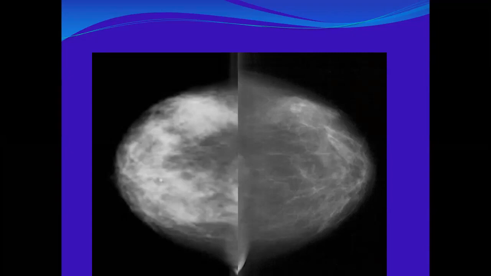What is your differential diagnosis? If clinically there is a palpable mass, this is one of the worrying signs. My differential diagnosis includes benign and malignant.